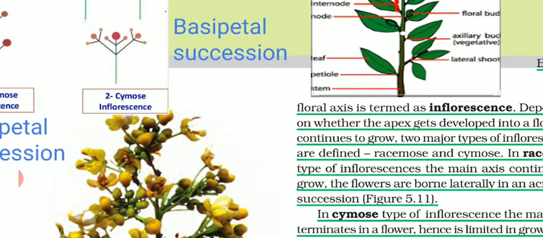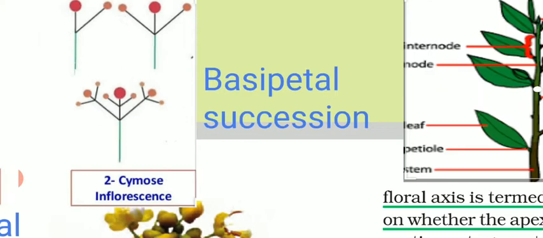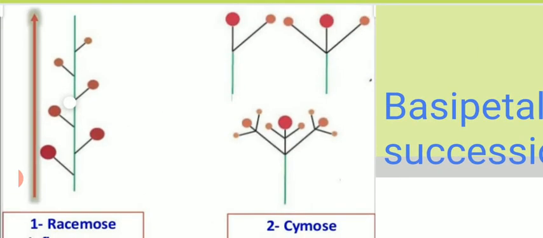If you look at this structure, you can see in the case of racemose inflorescence, the very first case, the floral axis is still growing because on the tip of this floral axis no flower is present. In the second case, cymose, you can see the floral axis is shorter in length because it is terminated by the presence of a flower at the terminal position.